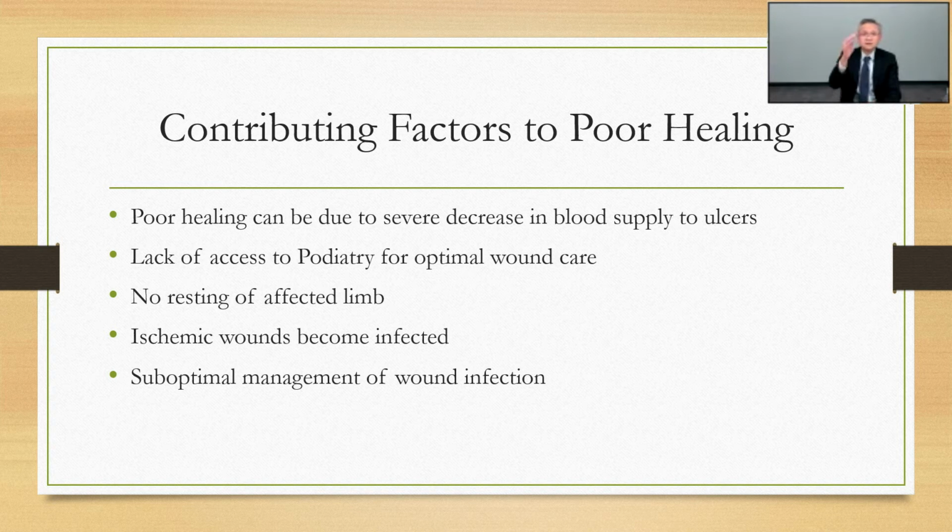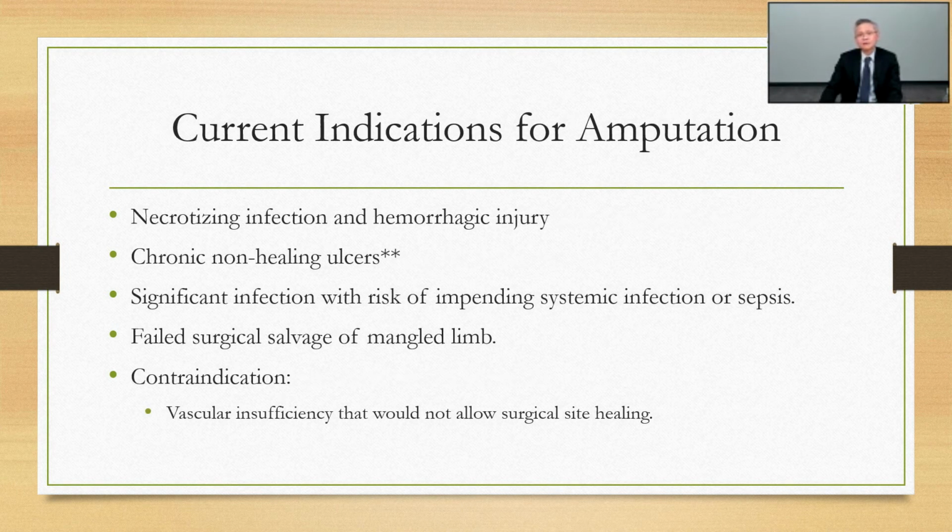So these are items we just covered: poor healing due to decreased blood supply, lack of access to care, podiatry care, they keep walking on the affected limbs and cause worsening of the wound and maybe get infection. And when it gets infected and if the infection becomes severe, then amputation is recommended.